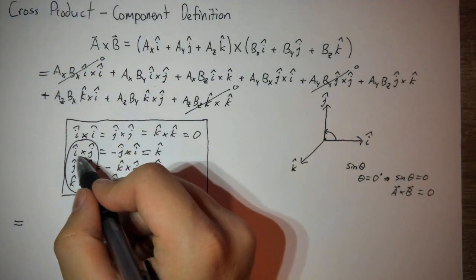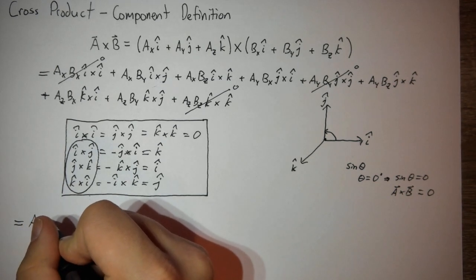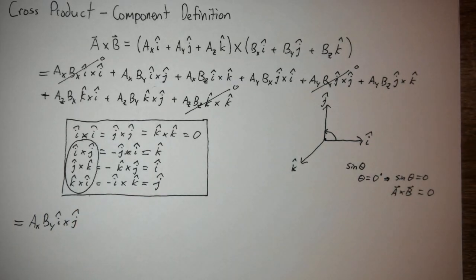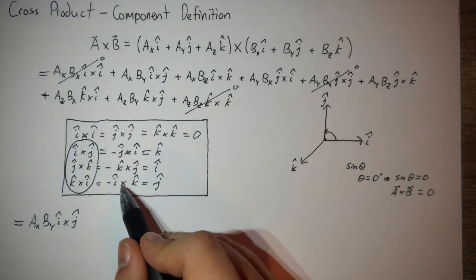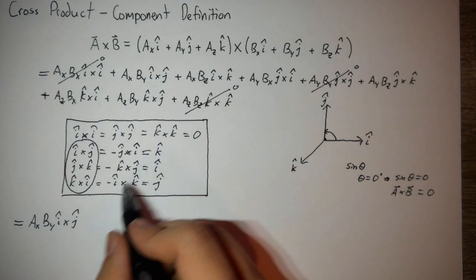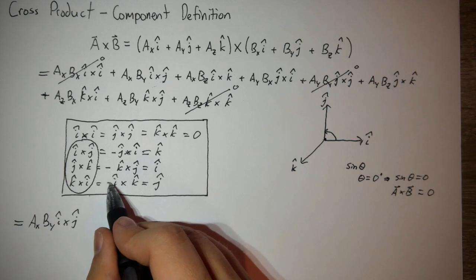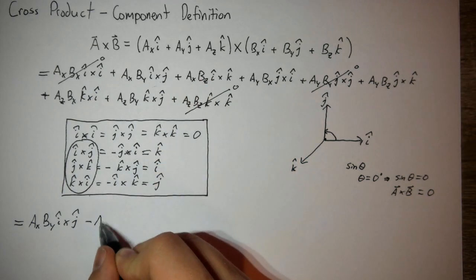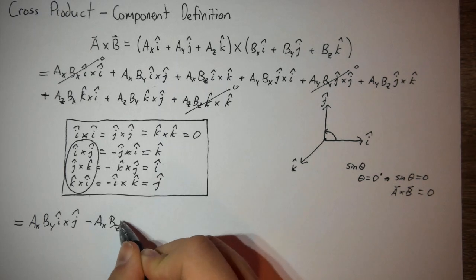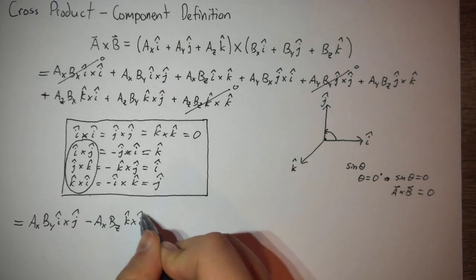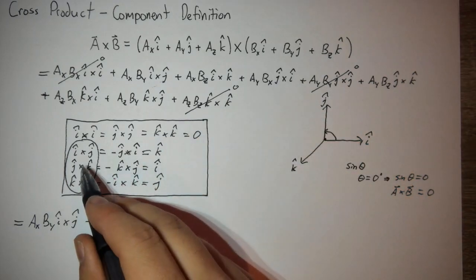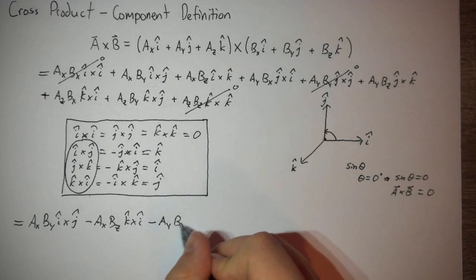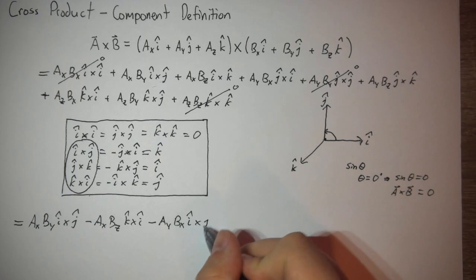So i cross j is on the left side here, so I'm going to leave it the same. And then i cross k is on this side, so we want to flip it, and then we have to change the sign because it's anti-commutative. So I'm going to say this is negative AX BZ k cross i. J cross i, same thing. We subtract AY BX, we turn that to i cross j.